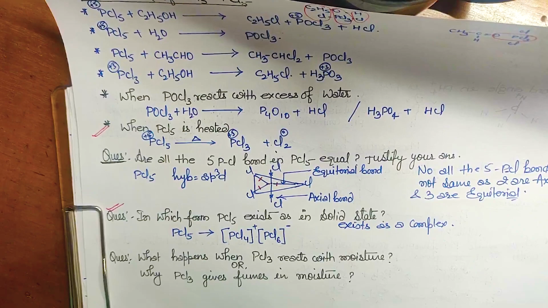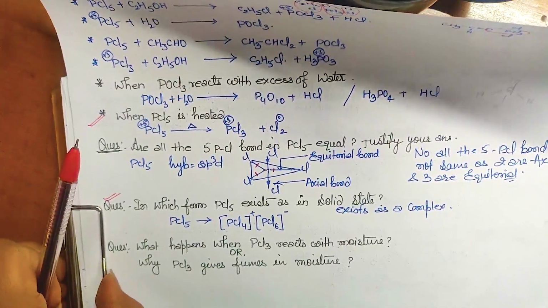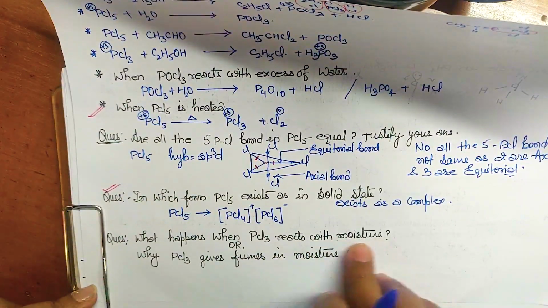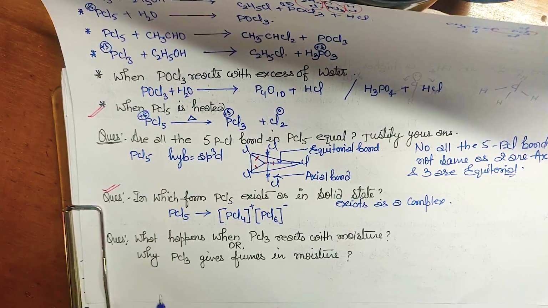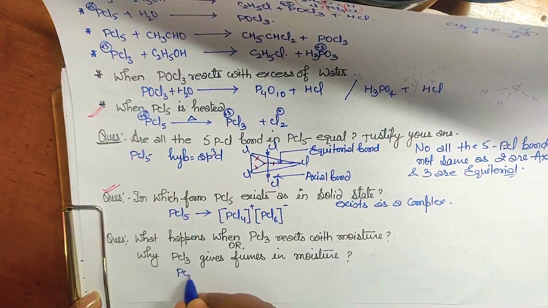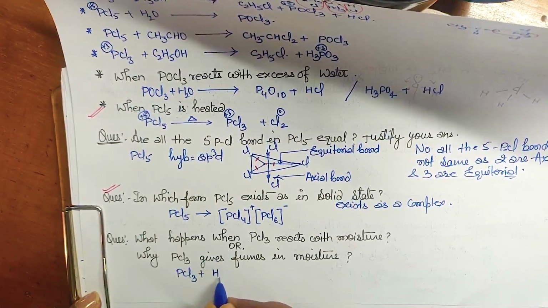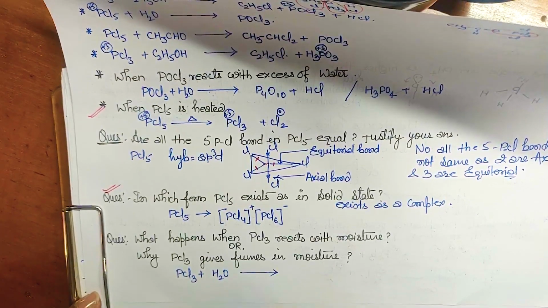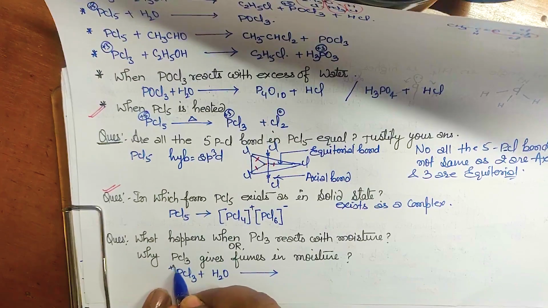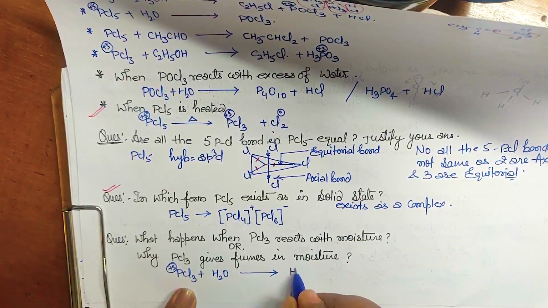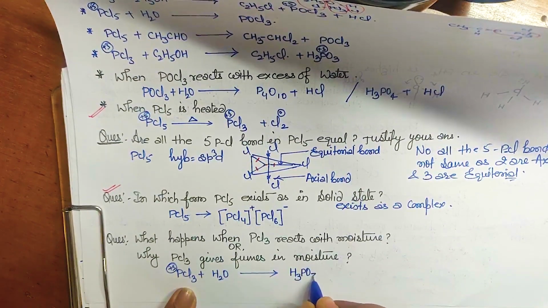So let's move to the next question. What happens when PCl3 reacts with moisture? Or the question can also be asked another way: why does PCl3 give fumes in moisture? When PCl3 reacts with moisture, H2O, it forms the +3 state compound, H3PO3, isn't it?